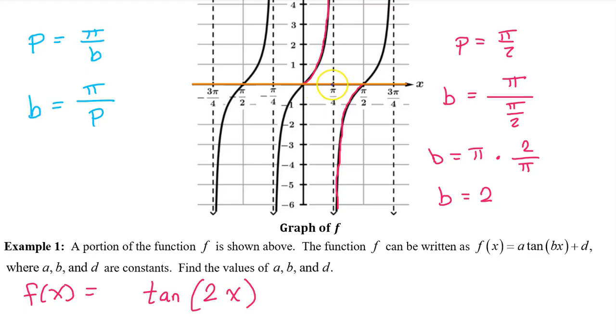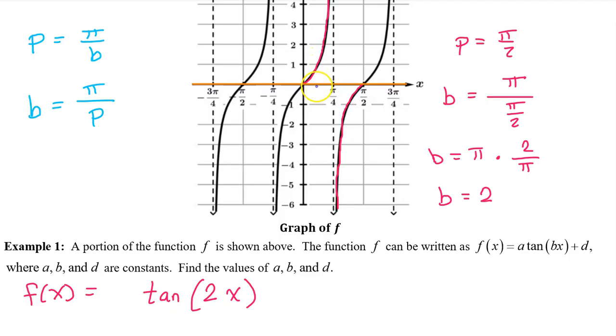First of all, where is the quarter period? Well, remember that a full period goes from asymptote to asymptote. So from the middle to one asymptote will be half the period. So the quarter period will be right here halfway between the intercept and the asymptote.